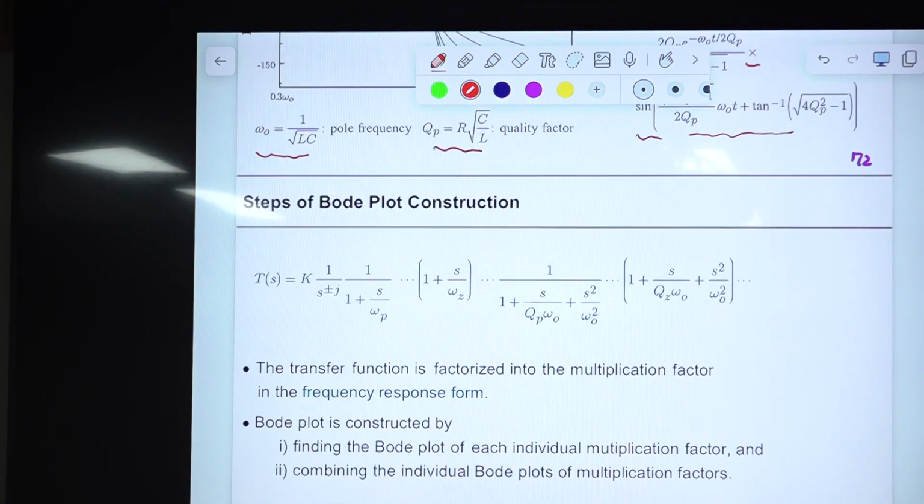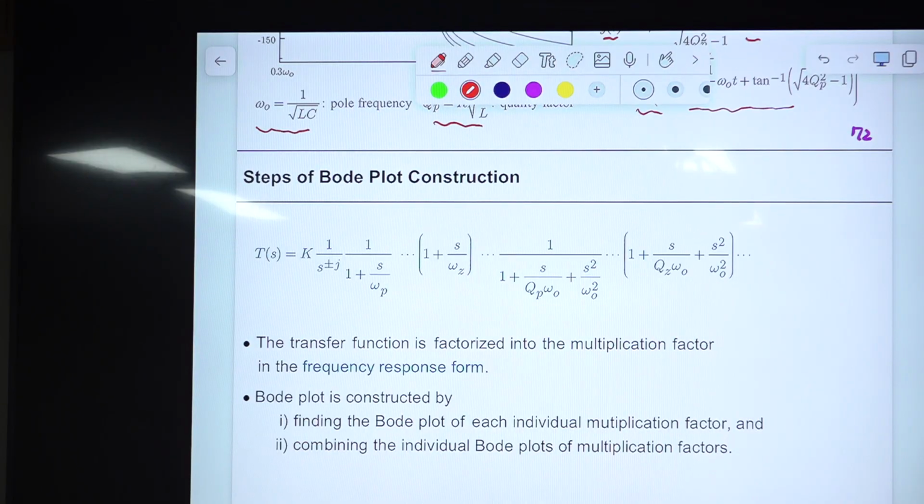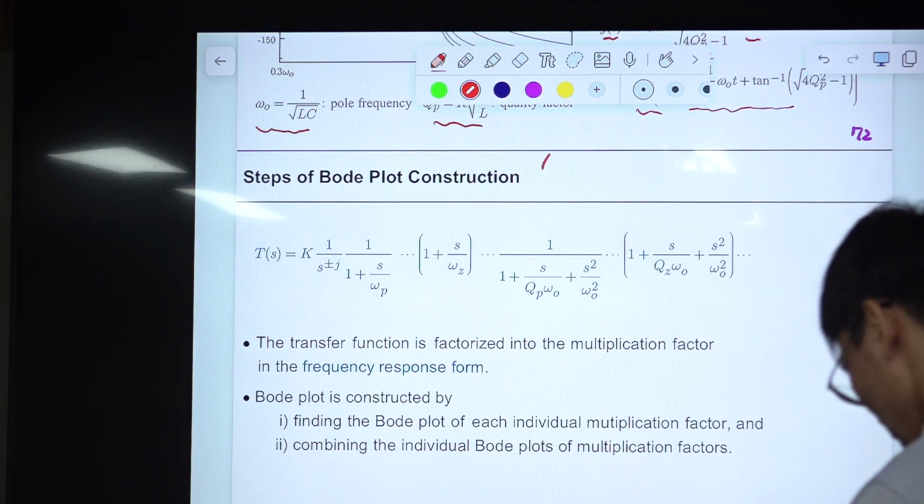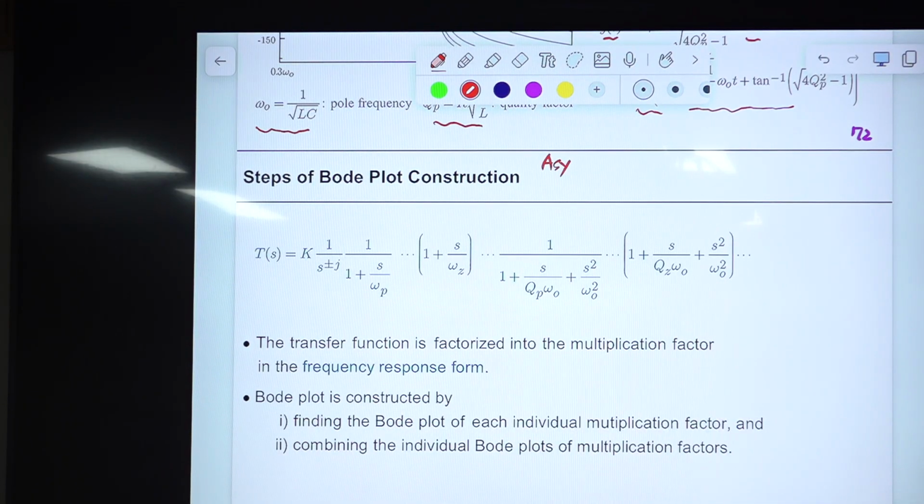So you will be hearing the term asymptotic a lot here: Bode plot construction, or more specifically asymptotic construction of Bode plot, or asymptotic analysis of frequency response.